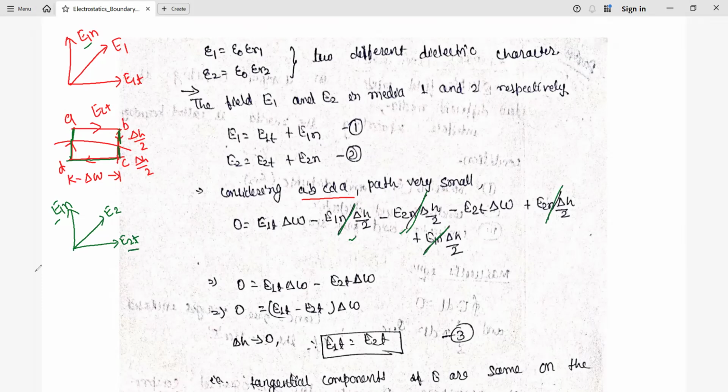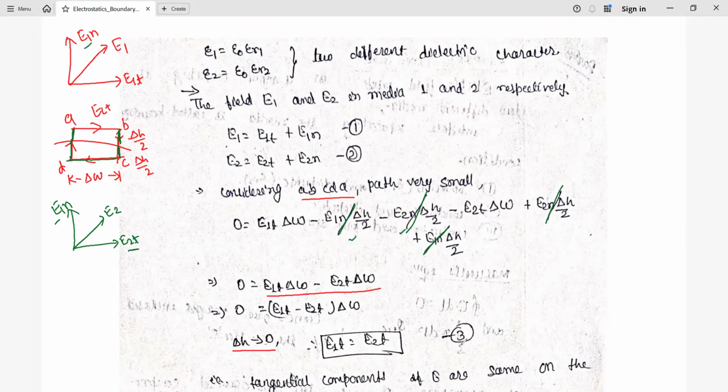So finally we are left with 0 equal to E1T into del W minus E2T into del W. After rearrangement, we have E1T equal to E2T. Here we are considering that del S tends to 0, so almost at the interface that height is going to be 0.